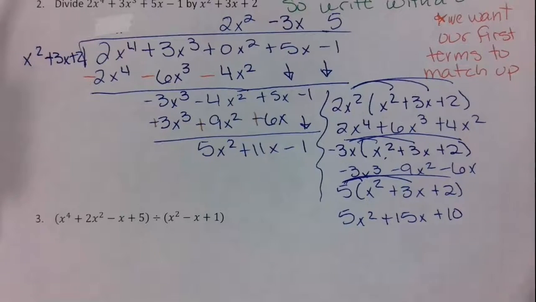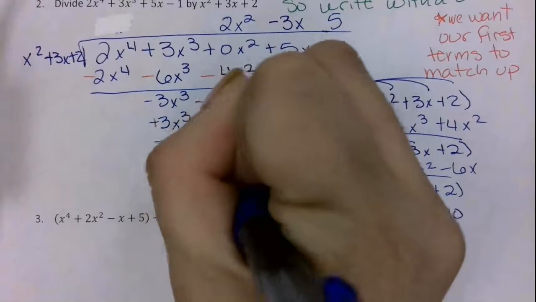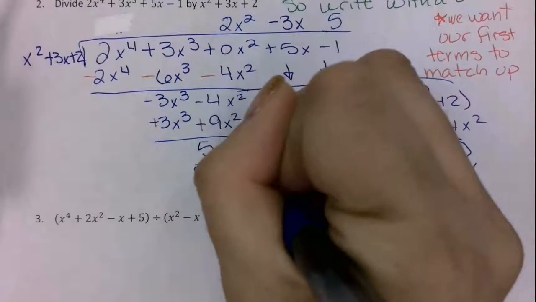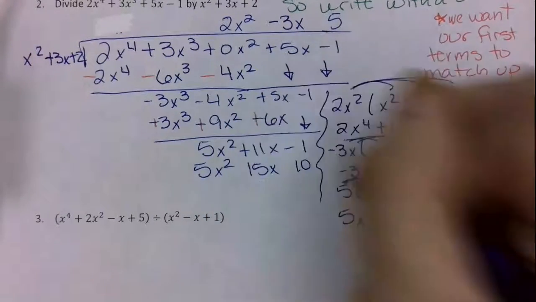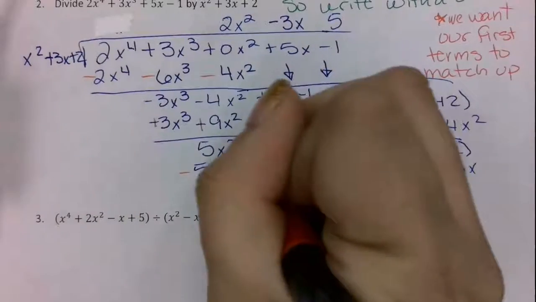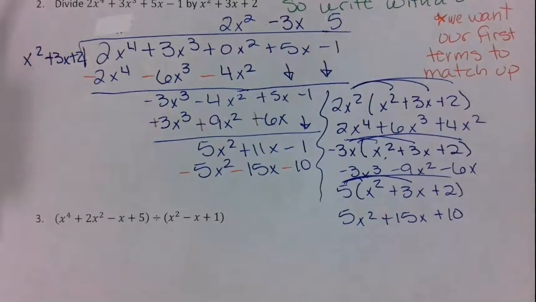Okay, so now I want to write these over here. And then all of these are positive, so I'm going to subtract them all. So, what do we get when we subtract?